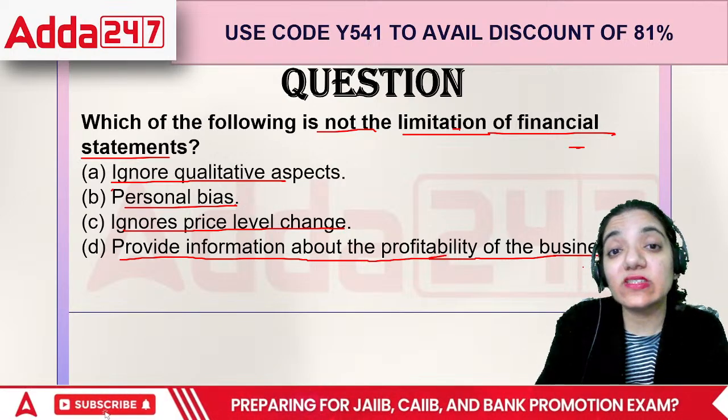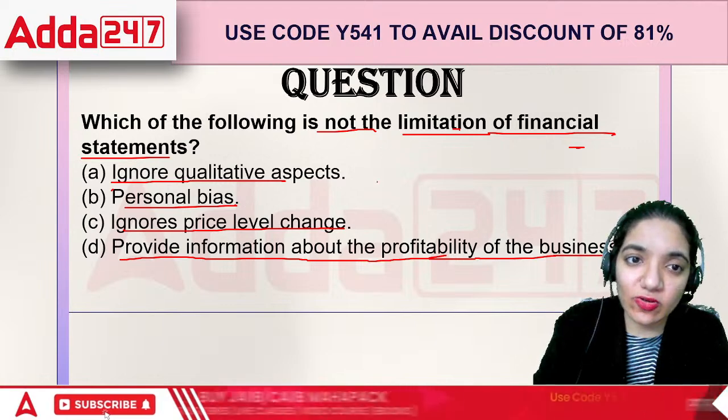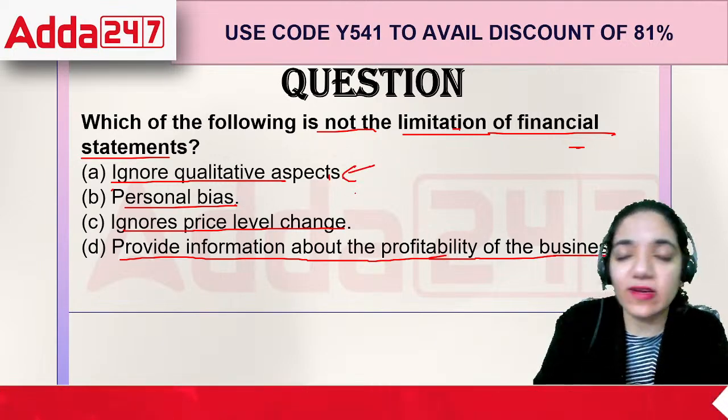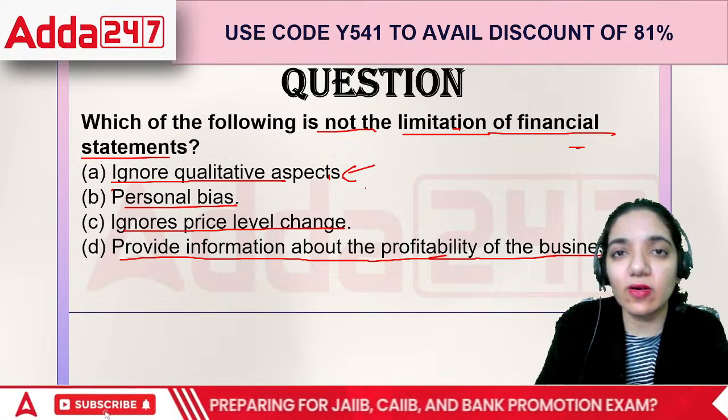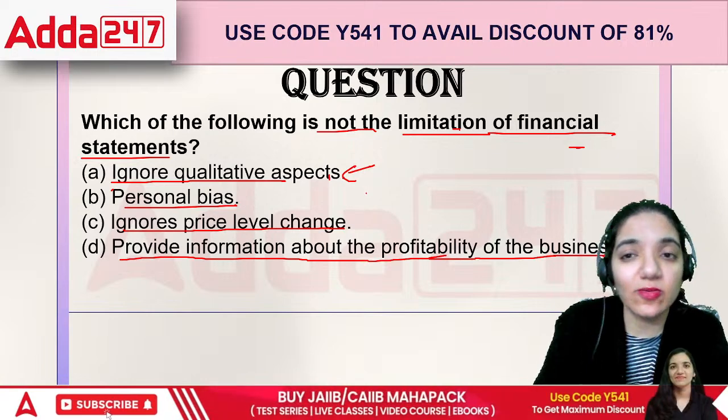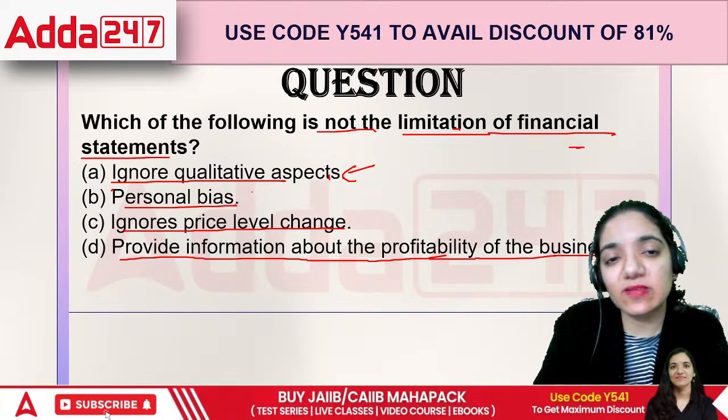It ignores the qualitative aspects, correct. It does not include any of the qualitative aspects at all. We cannot record loyalty of a particular person. Can we record the emotions of a particular person? No.